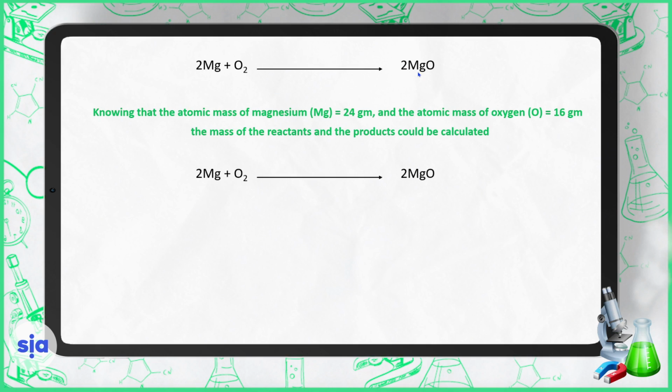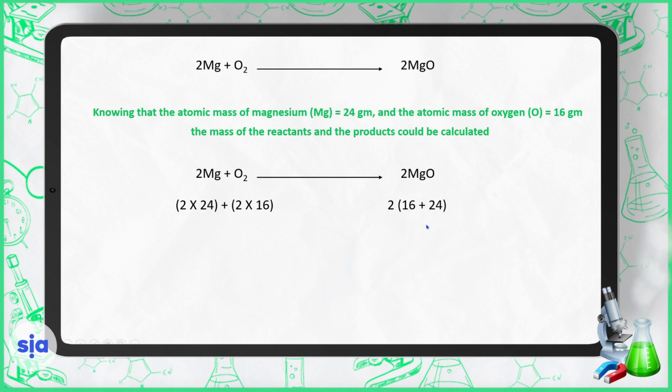Let's calculate it together. 2 times 24, which is the atomic mass of the magnesium, plus 2 times 16, which is the atomic mass of the oxygen.